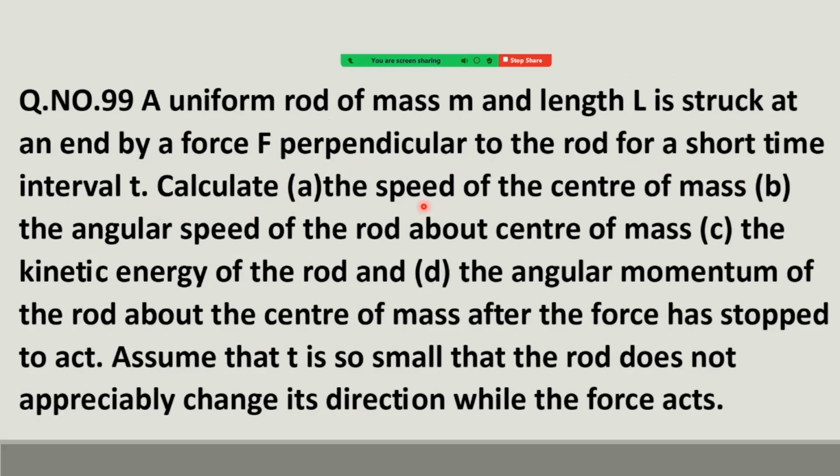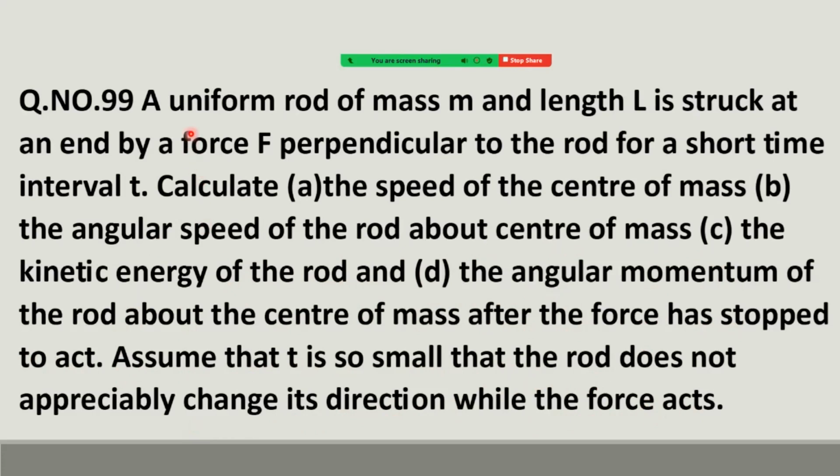Calculate the speed of the center of mass, the angular speed of the rod about the center of mass, the kinetic energy of the rod, and the angular momentum of the rod about the center of mass after the force has stopped to act. Assume that t is so small that the rod does not appreciably change its direction while the force acts.